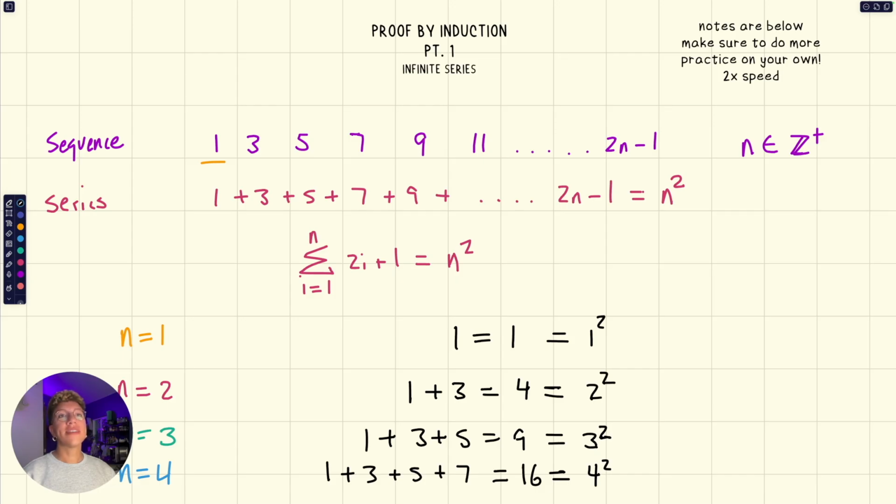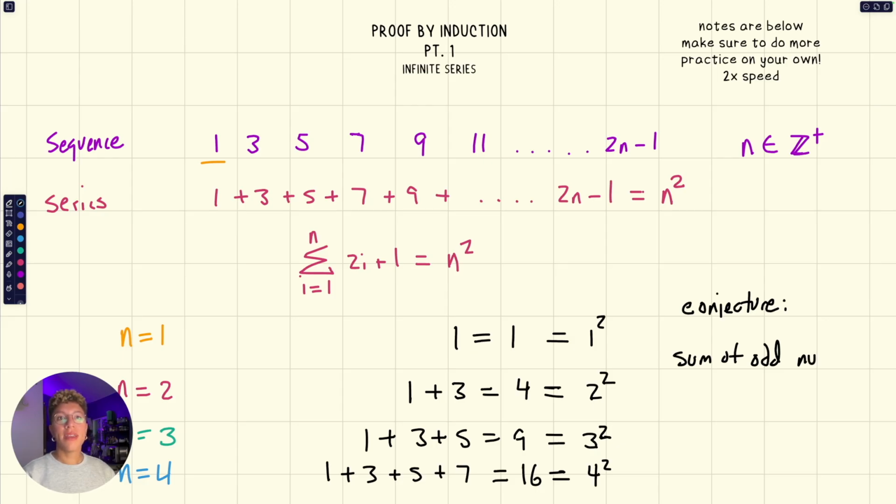And so this brings us to like a hypothesis or maybe a conjecture. We can say that we have this statement that we think might be true, and we want to try and prove whether it's true or not. So what can we say? We can say, well, our conjecture is that the sum of odd numbers, let's try that again.